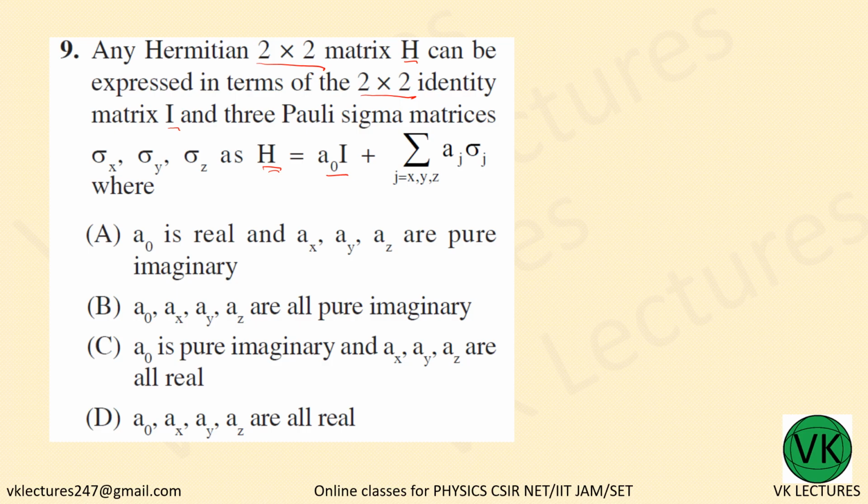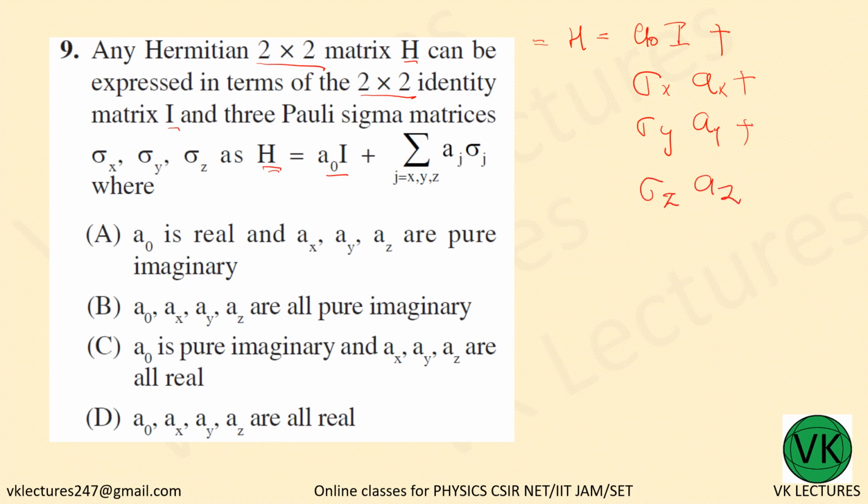So this we can write as H is equal to A naught into I plus sigma x into Ax plus sigma y into Ay plus sigma z into Az.